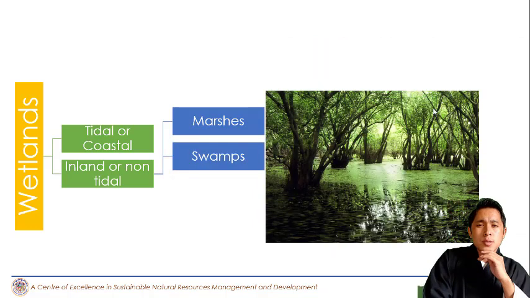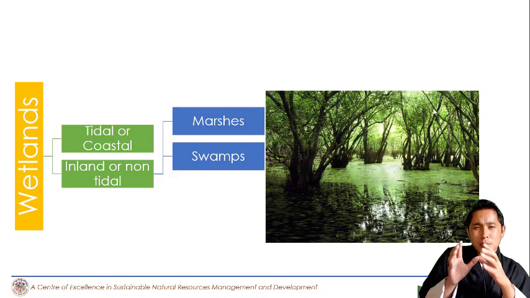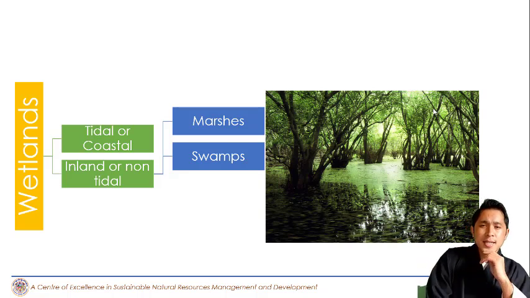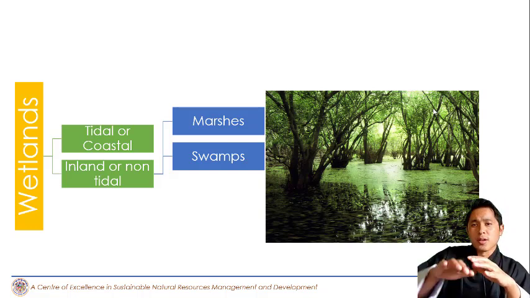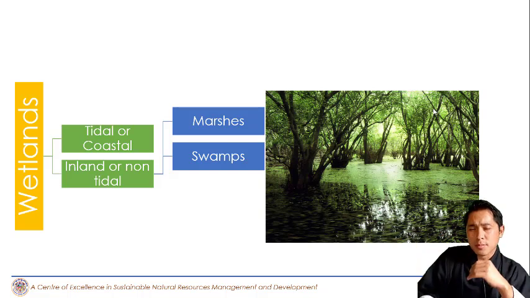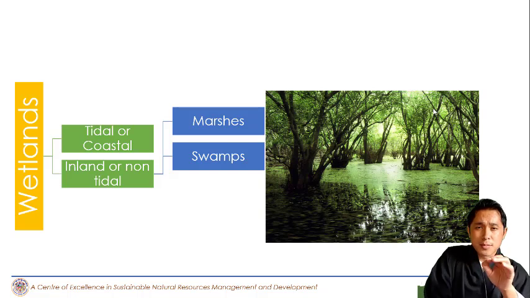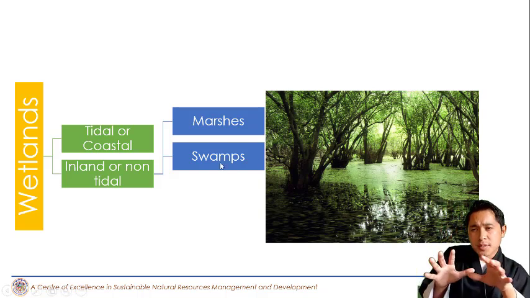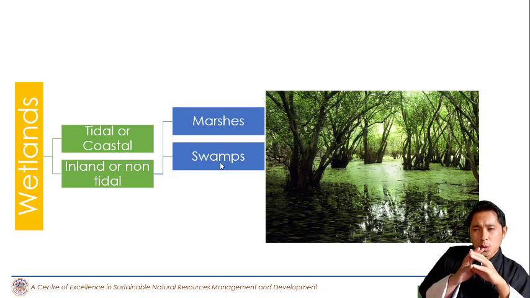Another form is a swamp. I said that in marshes you won't find woody nature or shrubs and trees in that kind of wetland. But in swamp, you'll not find very small herbs most of the time, very soft stem plants most of the time. What you will find is forest basically, and you'll find shrubs and trees growing over there.